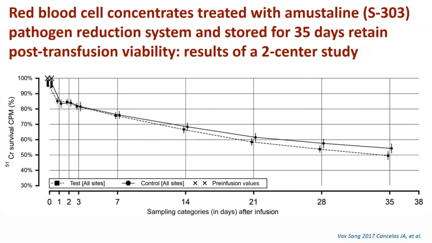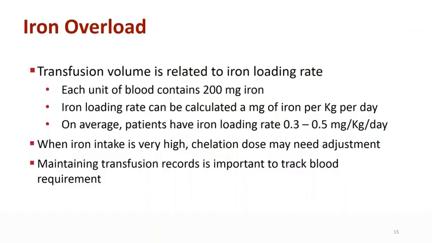What is important and what is being studied now is, do these affect the post-transfusion viability of the units? While it worked out quite well with platelets, the work now is being done in red cells, and it's most likely that these type units will be available for red cell transfusions in the near future.